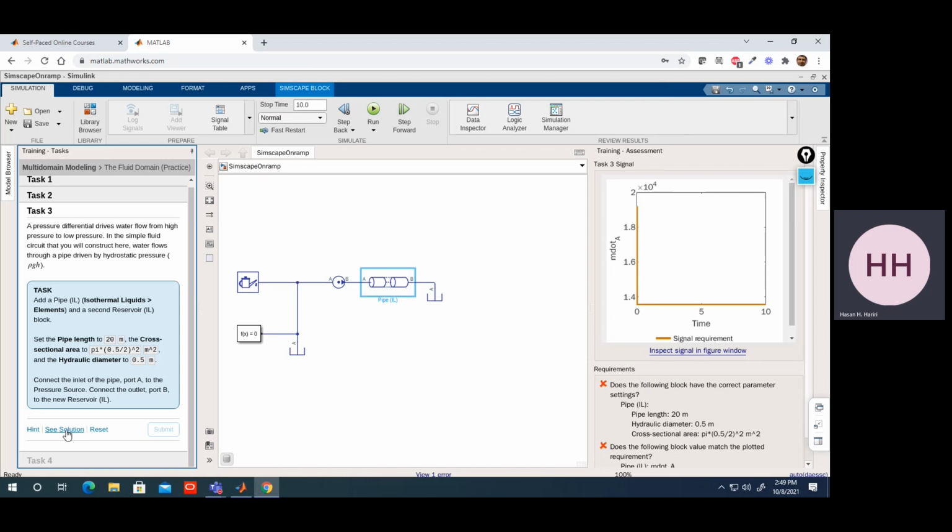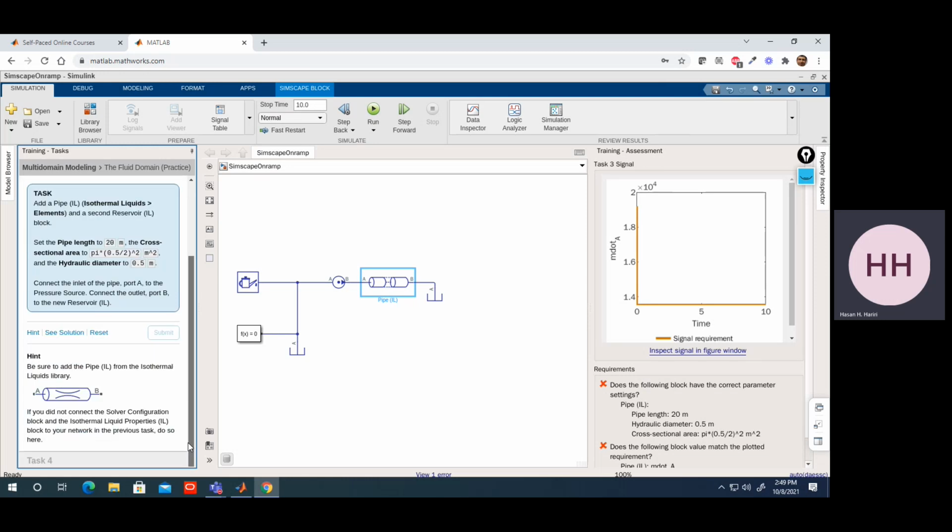it seems, well, let's see what they are doing here as a solution. In case you press see solution or hint, you may find something now. Be sure to add the pipe from the isothermal library block.